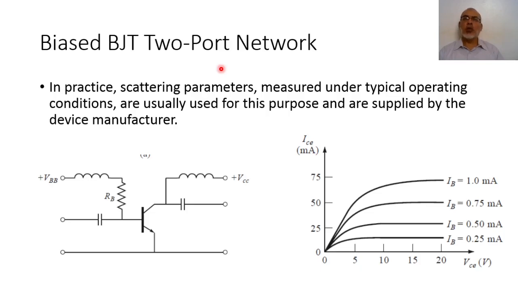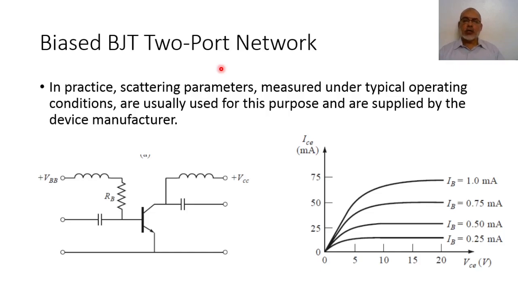So it is not quite useful to use the pi model for a wide frequency range. Instead of using the pi model, we can directly measure the S parameters of the transistor, and from these S parameters, we can design the microwave circuits.